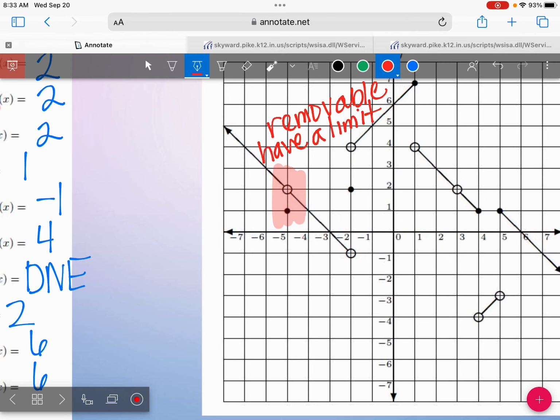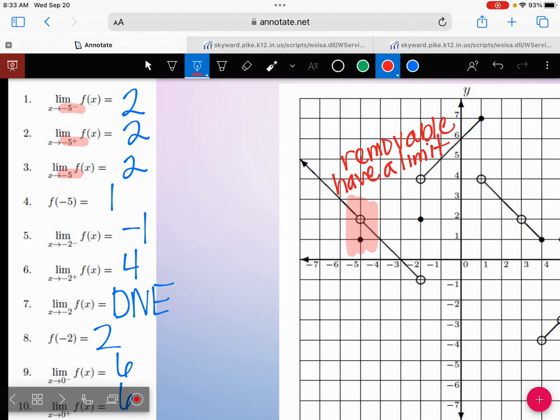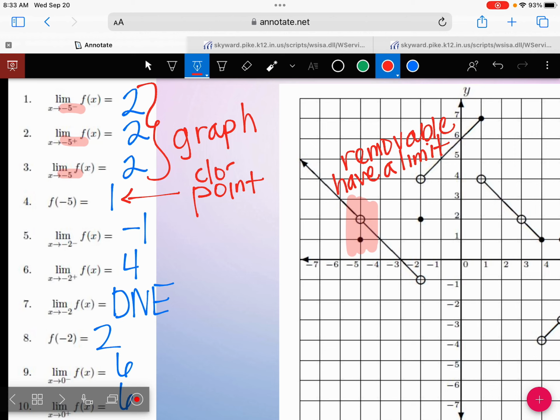The other thing to keep in mind is that these three questions are talking about the graph, and this question is asking you for the point, the closed point. That's why for 1, 2, and 3, because my graph is at +2, I had a +2 for my first three answers.